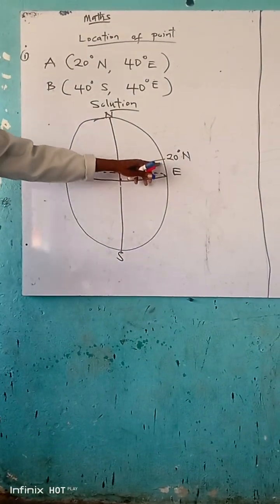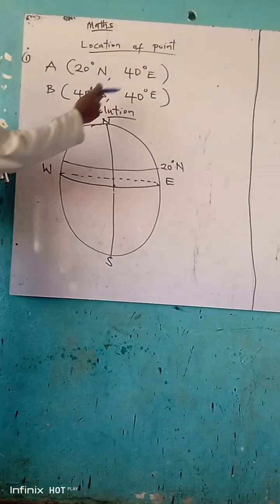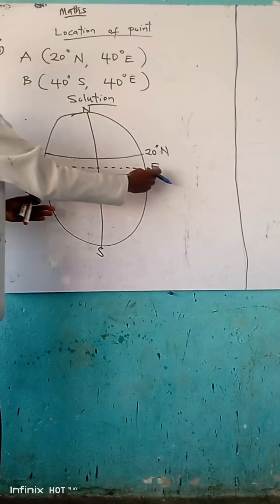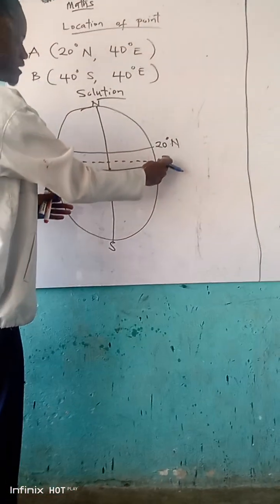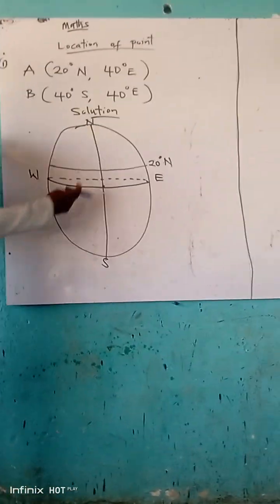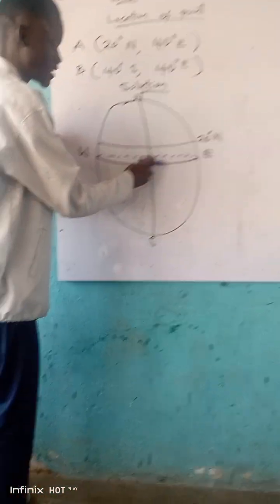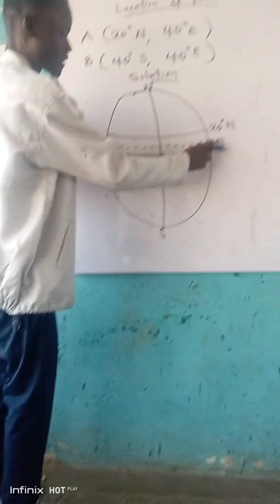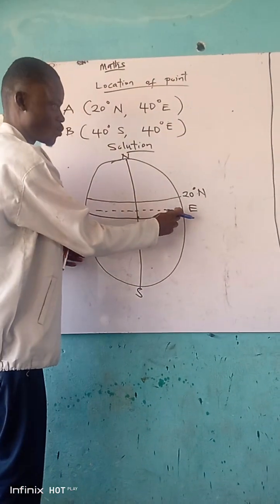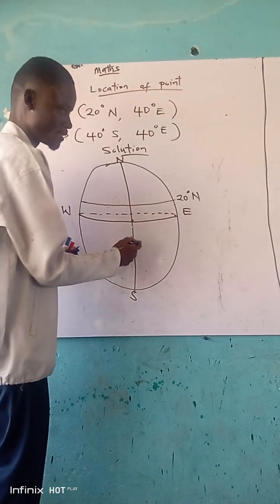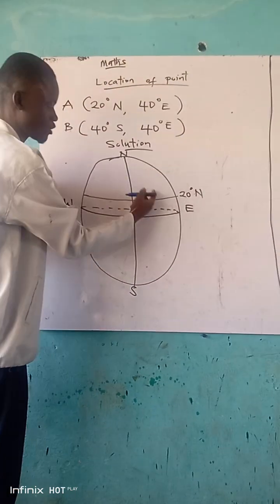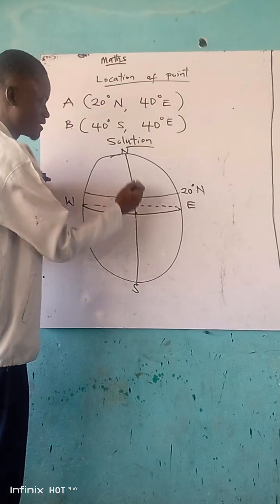If this is our 20 degrees north, let's locate our 40 degrees east. Towards this right hand side, we have our east. So when we are coming in this direction, we are coming to the east. And from the Greenwich to the eastern hemisphere, we have around 180 degrees. So we are going to estimate 40 degrees out of 180 degrees.